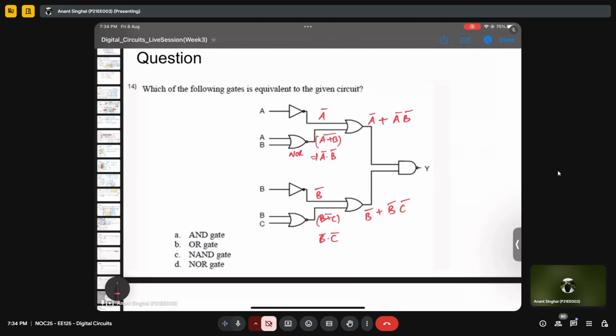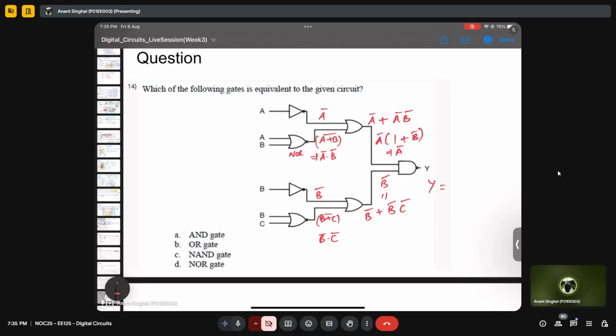Yes, sir. So I can also minimize it here. I can take A complement common. It will be 1 plus something. And this is basically A complement, right? And this is basically B complement. Is it clear?